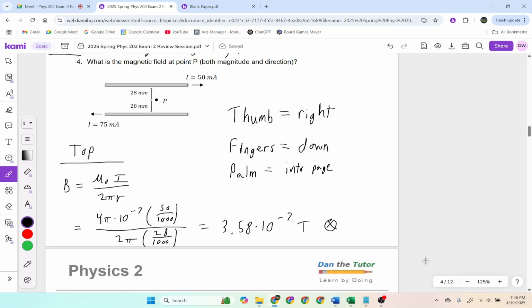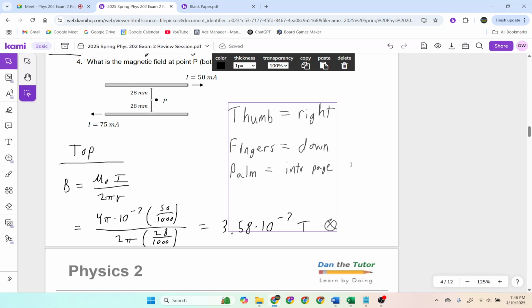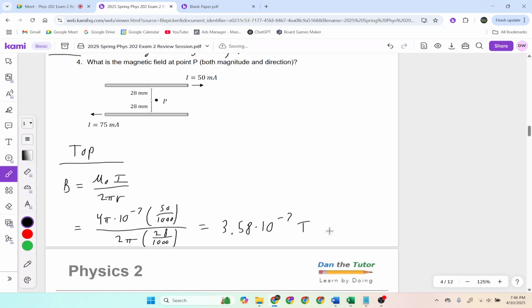Any questions on how I did that? Excellent. So now we're going to do the bottom wire, which is extremely similar to what we just did.